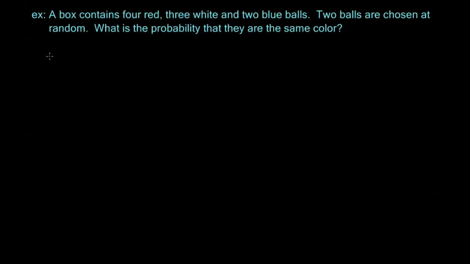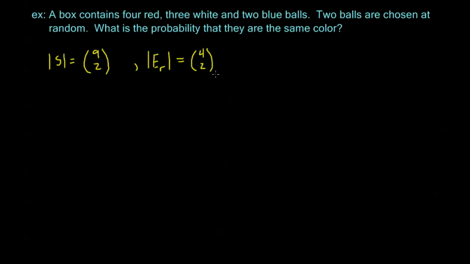Now again, we need the order of our sample space. We have 4 red, 3 white, and 2 blue, so that's going to be a total of 9 marbles. And we want to know how many different pairs can be chosen out of 9 marbles. So that's just 9 choose 2. Let's call E sub r the event that 2 red balls are chosen. So the event space, E sub r, is going to be 4 choose 2.